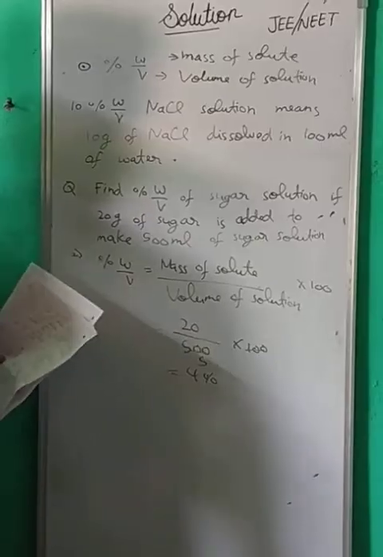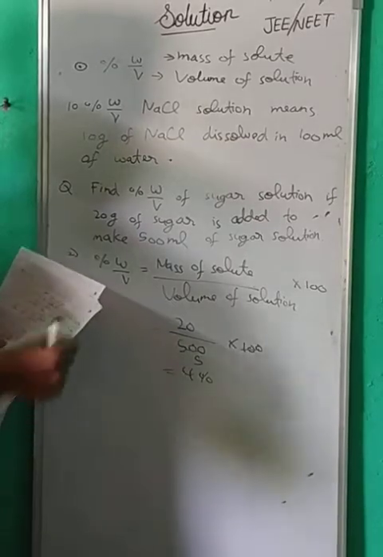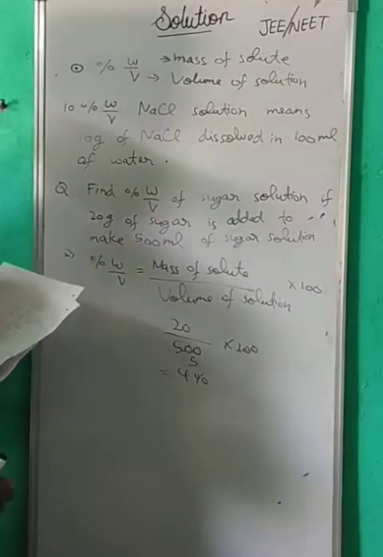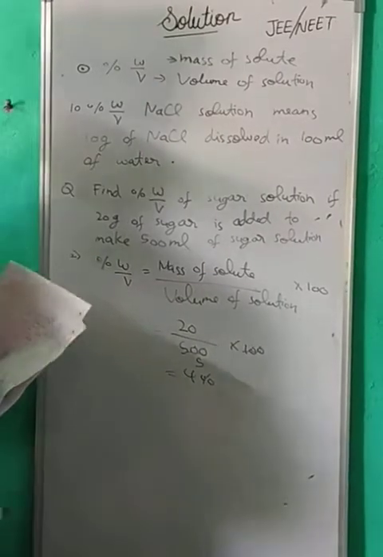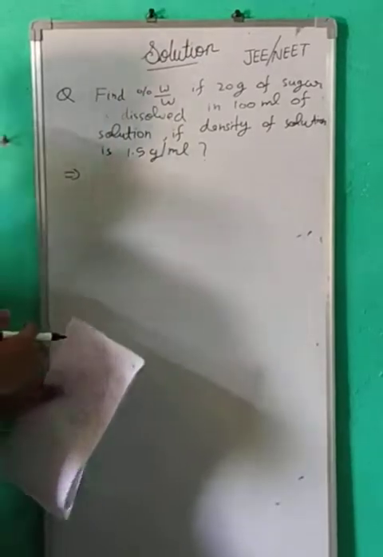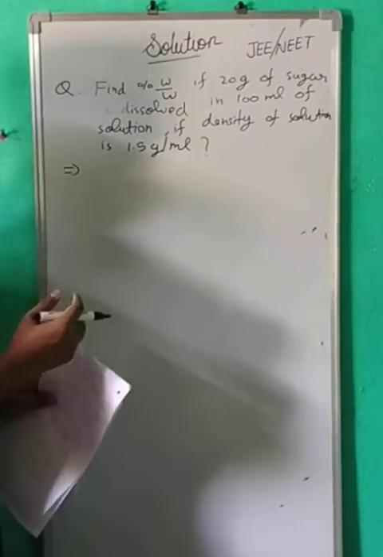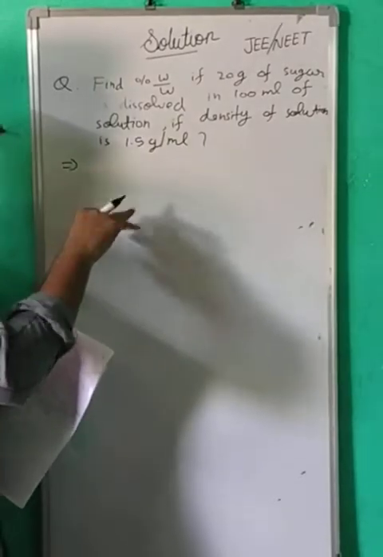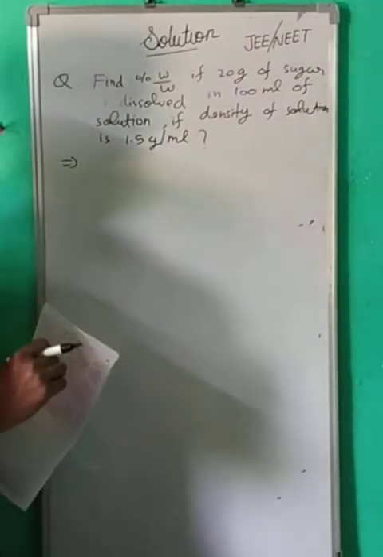But now students, I will give you one more sum which is a little bit complex. You have to convert from one to another in that. Let us see that sum now. Copy these notes. Okay dear students, in the previous two topics you have seen percentage weight by volume and percentage weight by weight and solved numericals based on this.